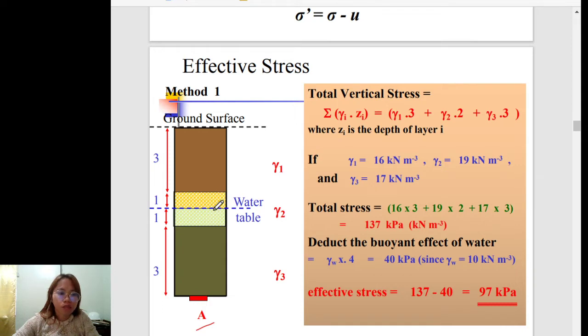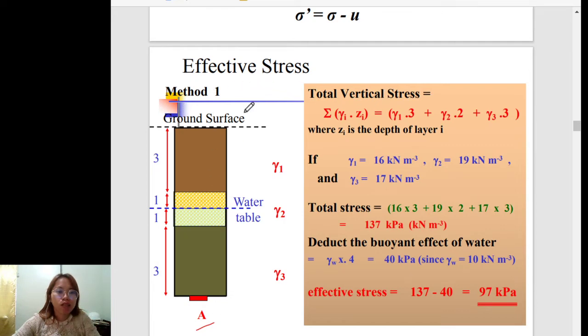So meaning, these two are the same soil. And this portion here is the type of soil that has a gamma sub 3 unit weight. So what is the total vertical stress or effective stress at point A?